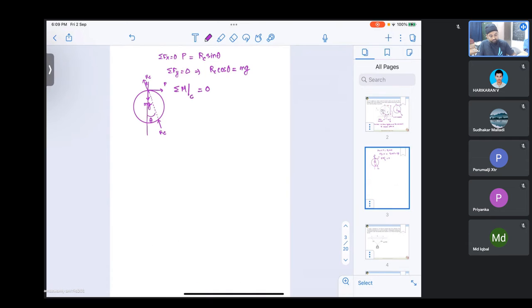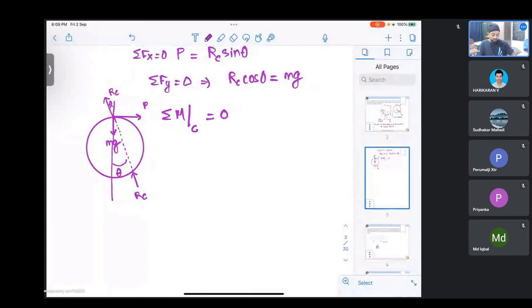So we can write the moment equilibrium. P will create a clockwise moment which is negative. So minus P into R into 1 plus cos theta. And then there will be a moment due to mg which is anti-clockwise in nature, which is positive. Mg R sine theta.